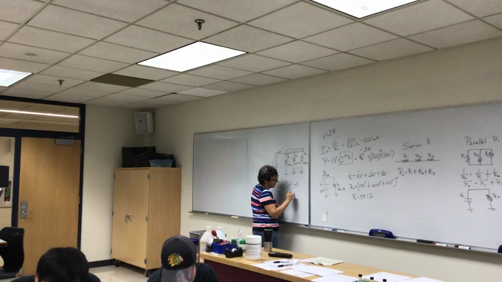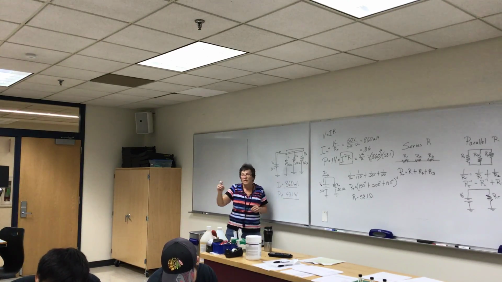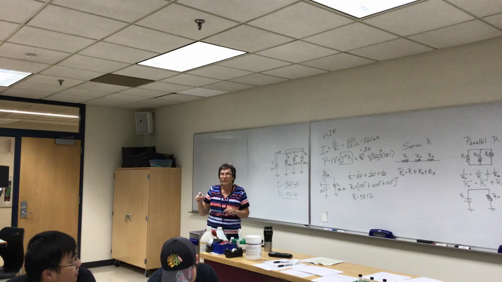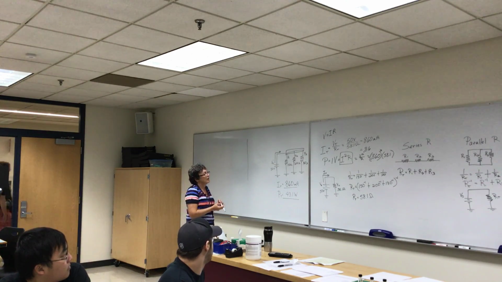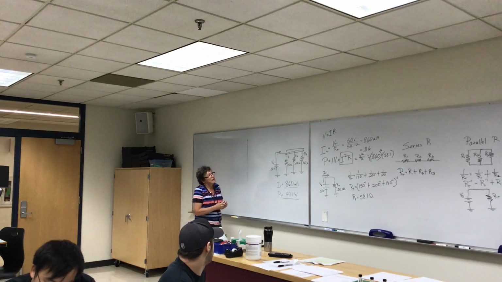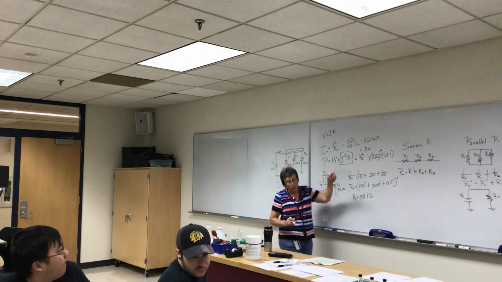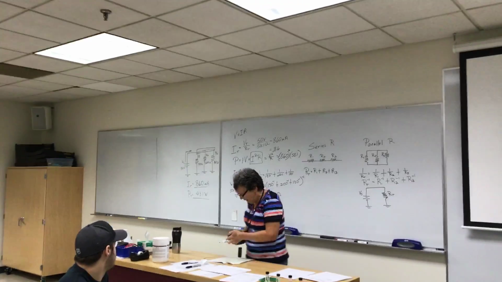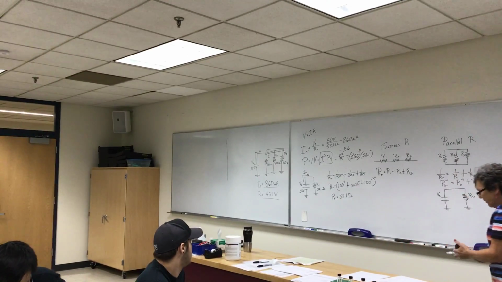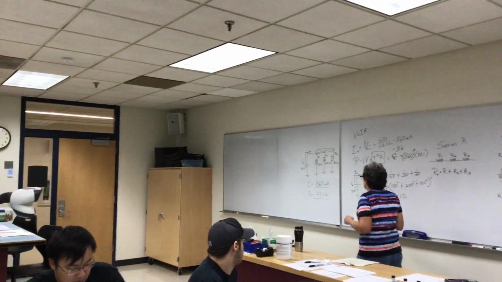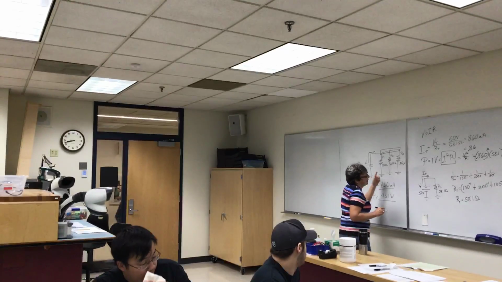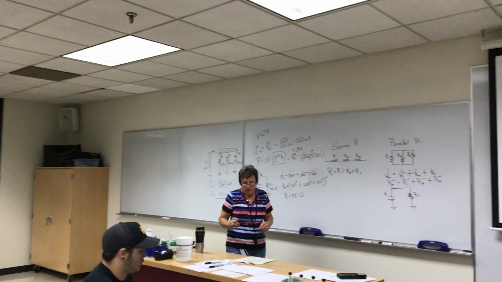I got 43 on the nose. Did anybody get anything else? 43. So make sure you just put in the 0.86. That seems high, but it kind of makes sense. So that's how we do an analysis of a parallel circuit.